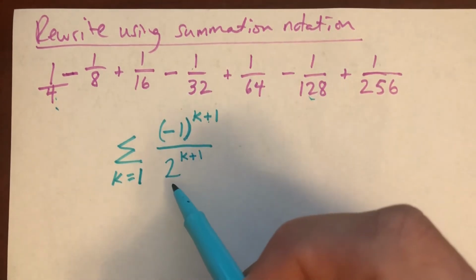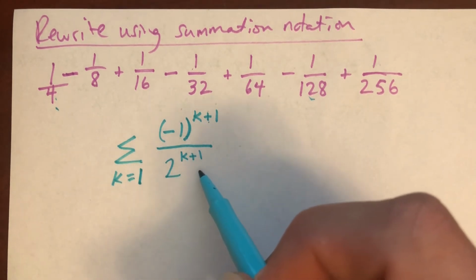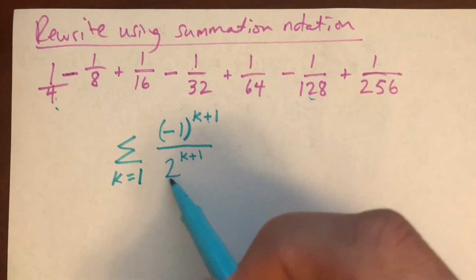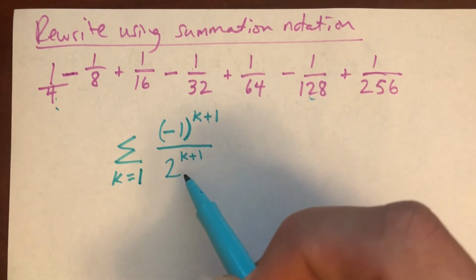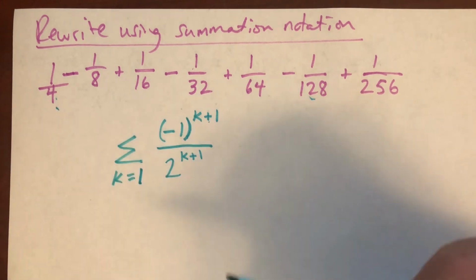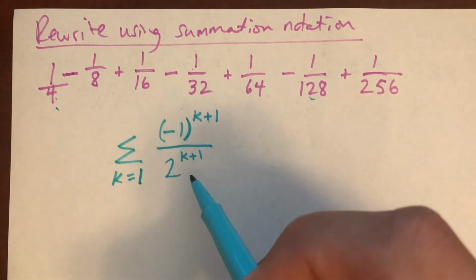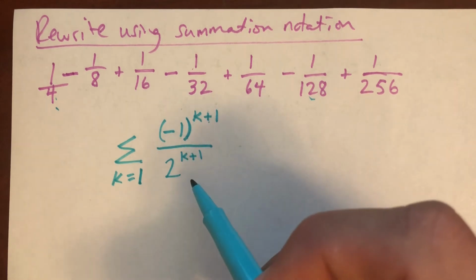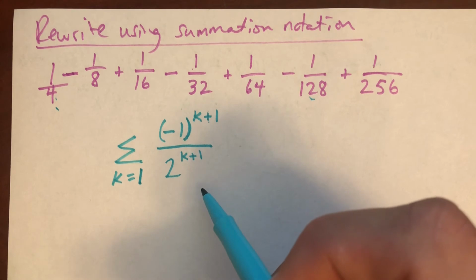So now, if I do k equal 1, that would correspond to this being 2 raised to the 1 plus 1 power, so that's 2 to the second, which is 4. So I've got my negative stuff represented here, that oscillates between negative and positive, and then I've got powers of 2 represented down here as well.